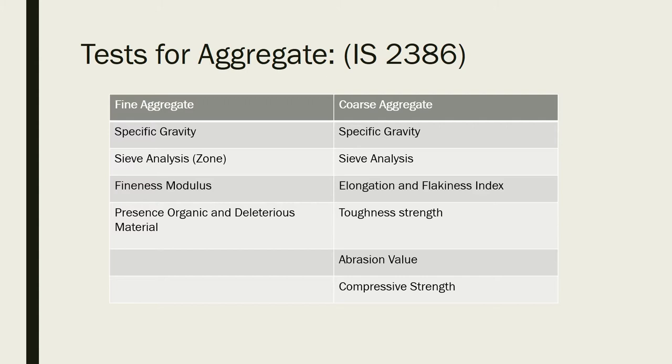It is pretty evident that if the constituent materials are up to a certain standard, only then can we expect good quality concrete. If the cement is not of good quality, we cannot expect good quality concrete, and the same applies to sand and coarse aggregate. So these tests are very important. We should always perform these tests to understand the quality of the material.